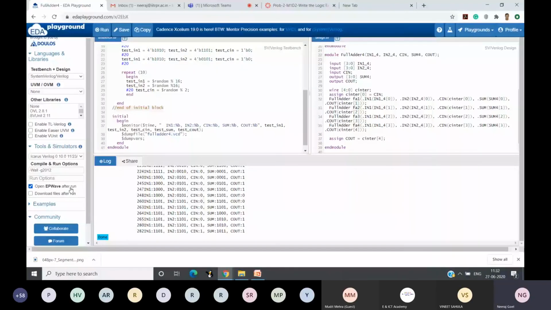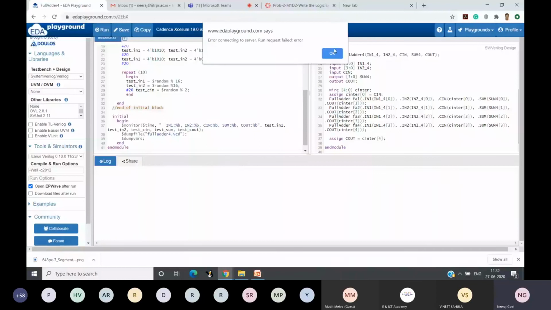Okay, so this is log. I'll click on the run. There is a problem with the server, so let's do it again.